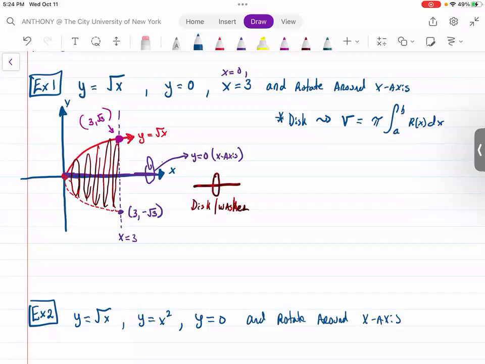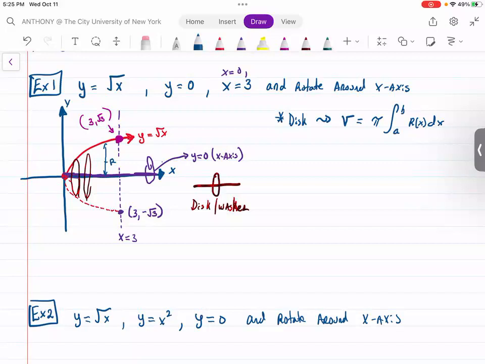The radius of this problem is basically going to be the region between the x-axis and your curve. Let me just make a quick erase here. Your radius is essentially this distance, your R. And R depends on the square root of x. Each disk that I made, the radius depends on the square root of x.